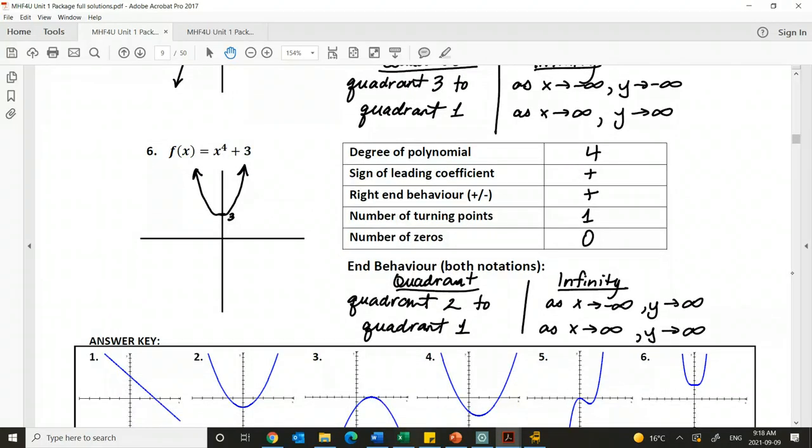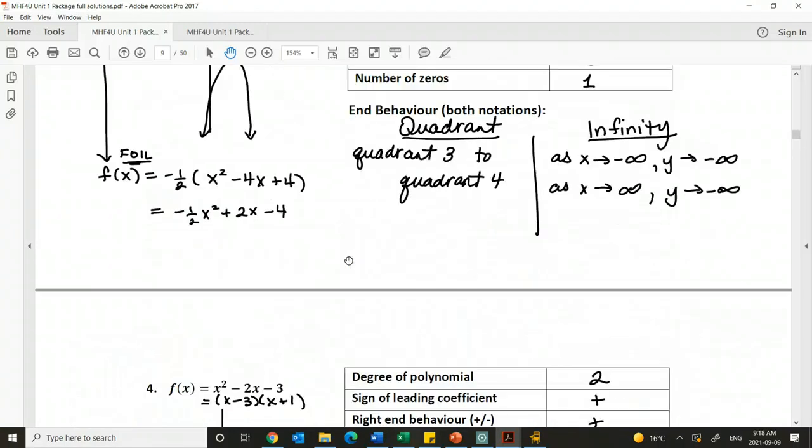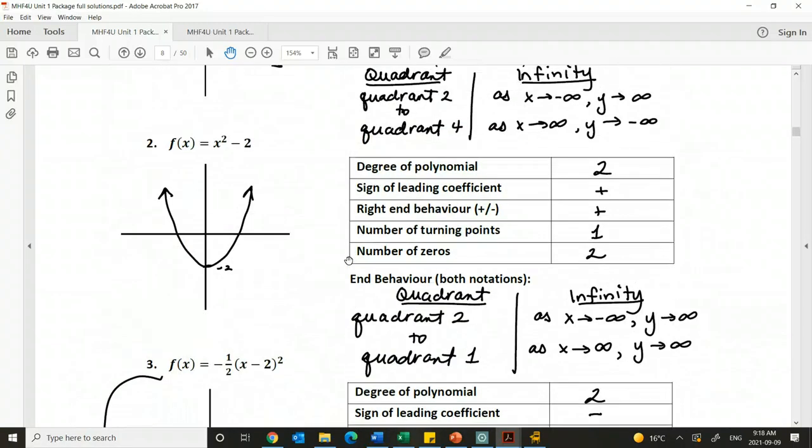Okay, so we should notice, in both of these, 6 and 2, the end behavior is actually the same, right? So it goes from quadrant 2 to quadrant 1. Both of them do, both 6 and 2, 2 to 1. And then they both have y's that approach positive infinity for the left end and the right end.